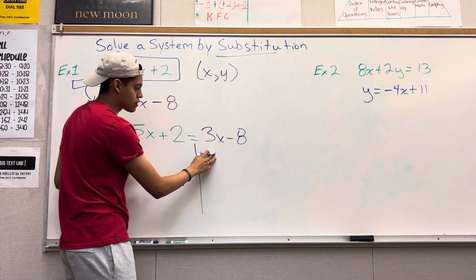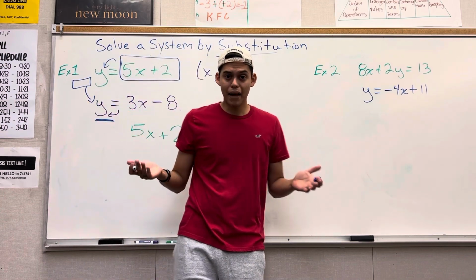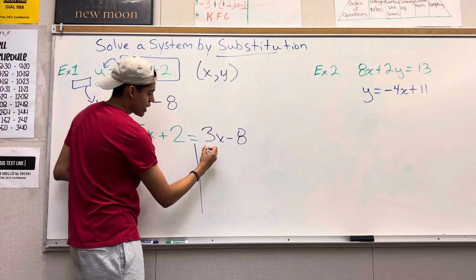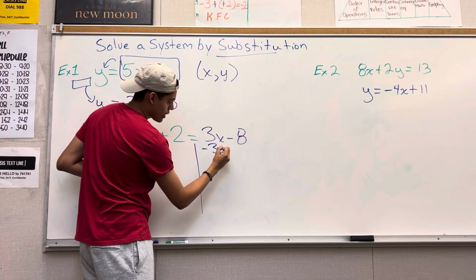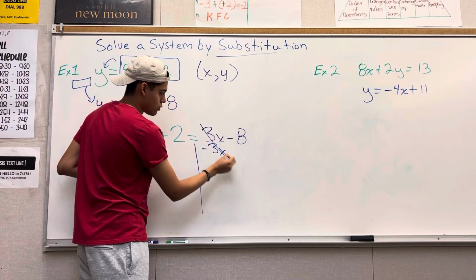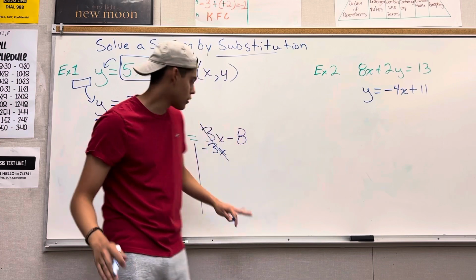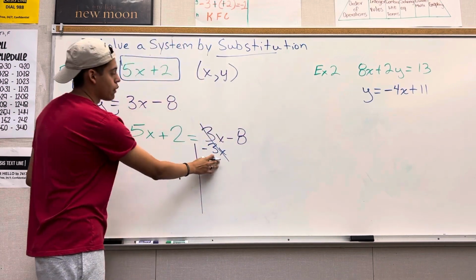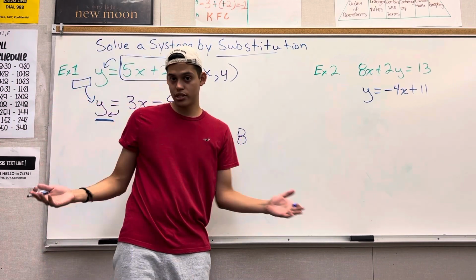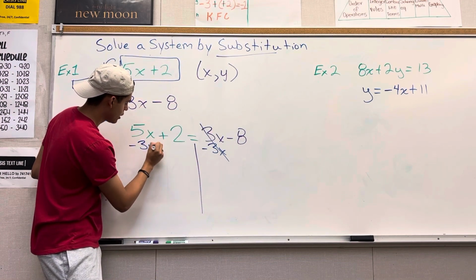We have this 3x right here. To get rid of it, think of it as a scale, you want the scale to be balanced. So you take away this 3x, because we're subtracting it by itself, it goes away, because anything subtracted by itself is always going to be 0. And whatever you do to one side, you got to do to the other side. So that's why this minus 3x, we also do to this side.